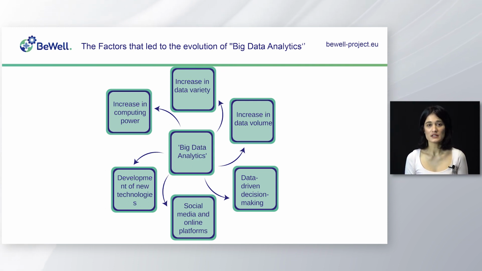The increase in data variety, where the diversity of data generated from different sources such as structured data from databases, unstructured data from social media, and semi-structured data from emails requires more advanced analytic tools to handle and process different types of data.